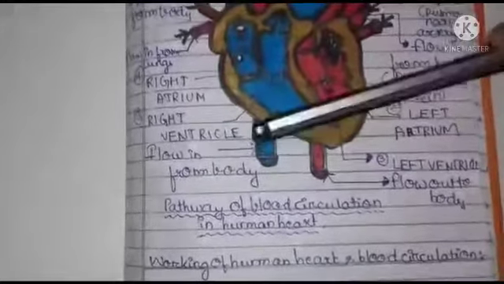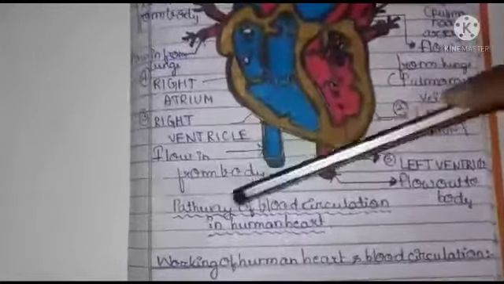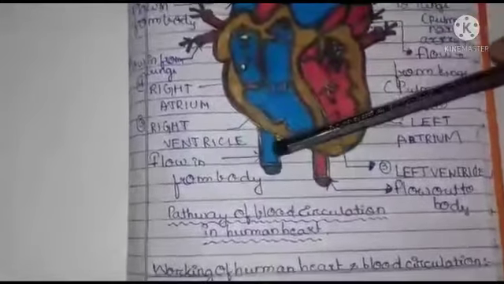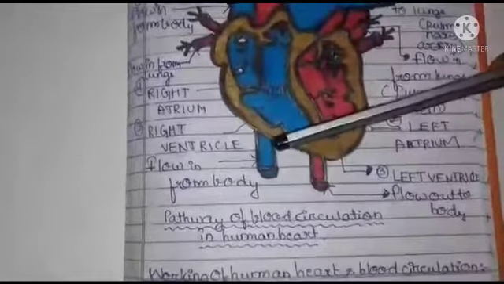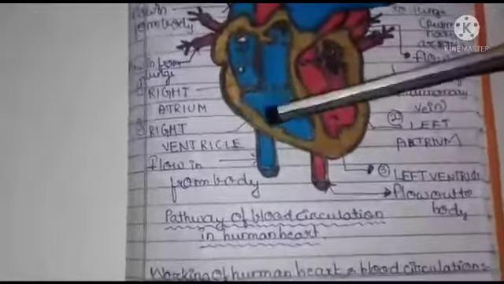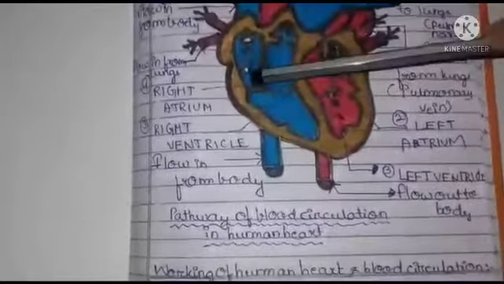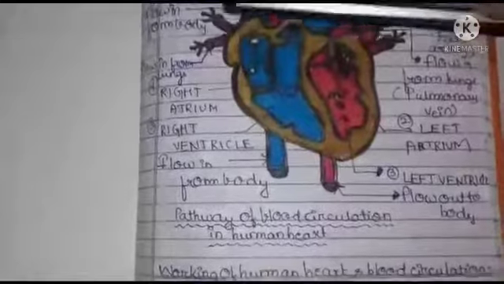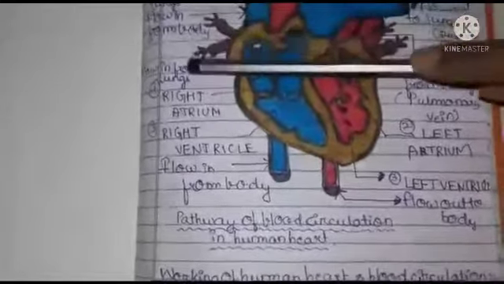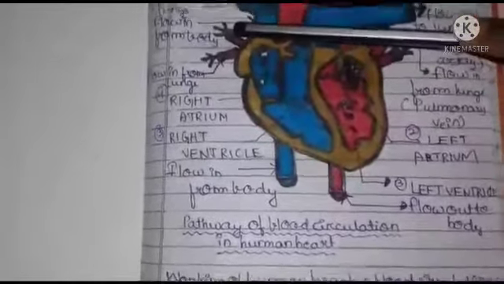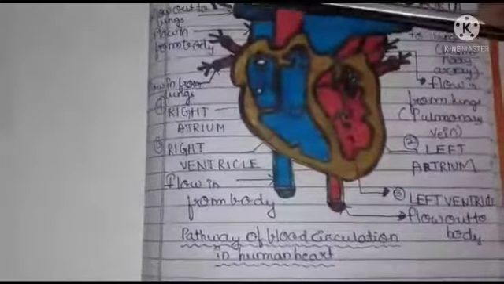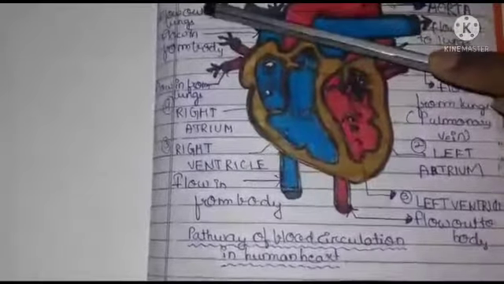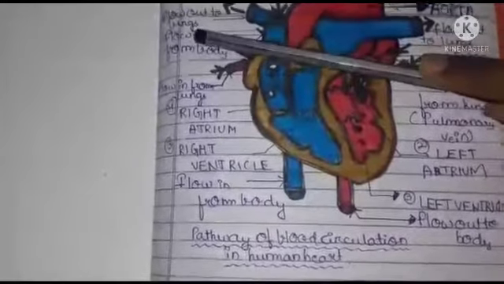Through this structure, the deoxygenated blood from all over the body flows into the right atrium. This is your right ventricle. This is your right atrium. And these are your right pulmonary veins through which the blood flows in from lungs. This is your right pulmonary artery through which the blood flows out to lungs.